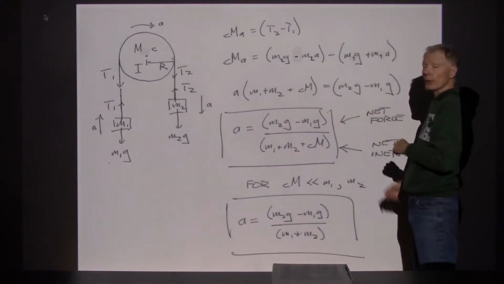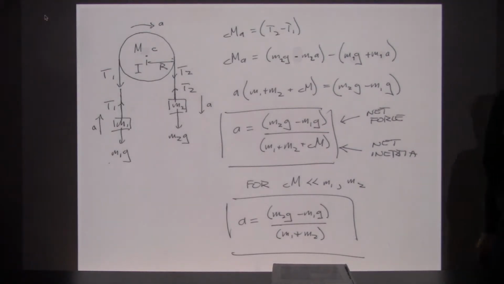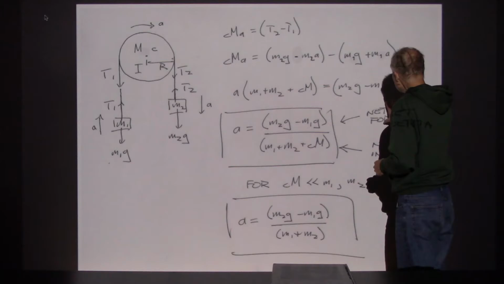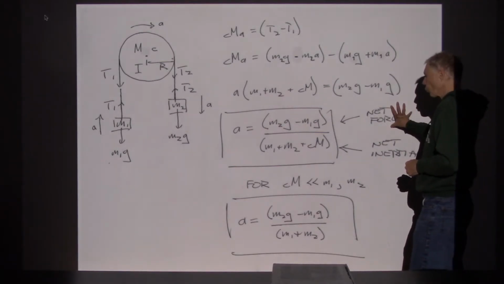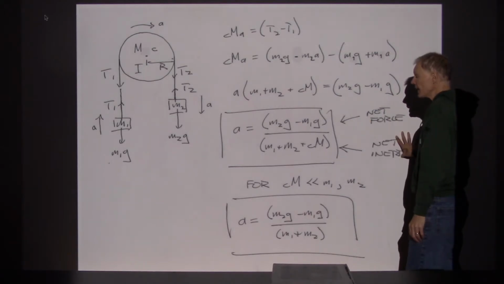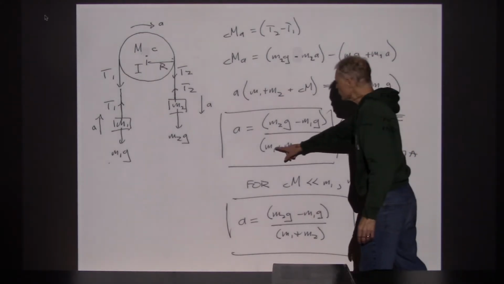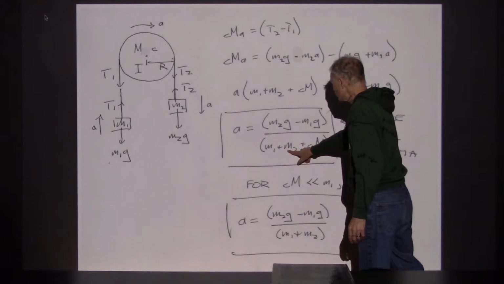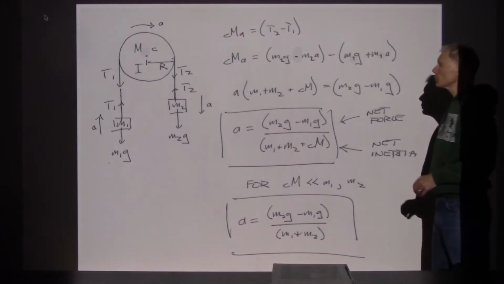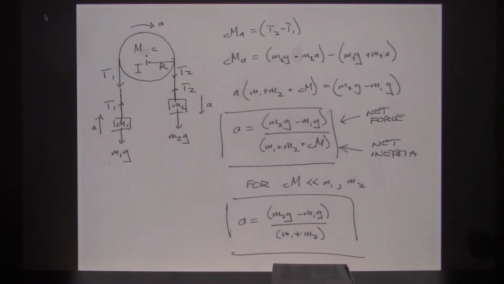Now M2 is bigger, so M2 wins out. And the acceleration is in the direction of M2 dropping and M1 rising. This becomes the net external force driving the system, and then the denominator must be the net inertia. So the net inertia would be M1 plus M2 plus shape factor times m. That gives us a formula telling us what the acceleration would be.